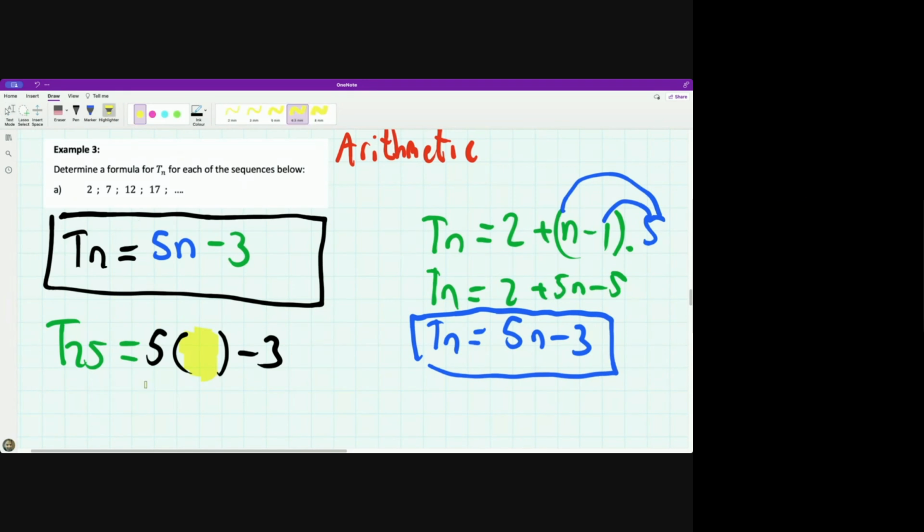Yeah, it has to be, because this is n, and n comes from that, so it's going to be 25. So the 25th term, what's the value of the 25th term if I kept on going? I went all the way to 25.